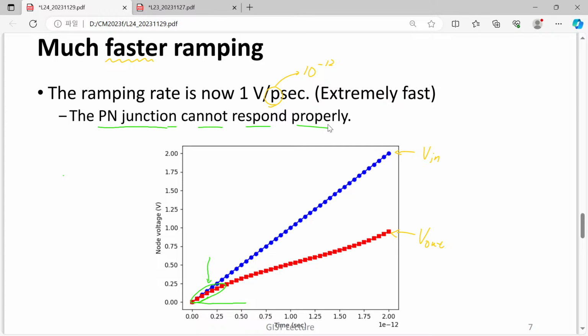Since our damping rate is so high, our electrons and holes cannot follow such a fast signal. So that's the reason why our response deviates highly from the usual expected one. Okay.